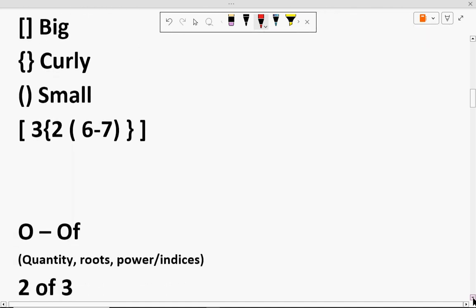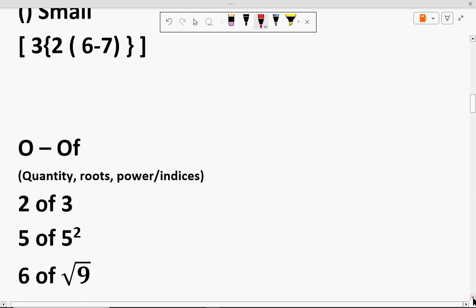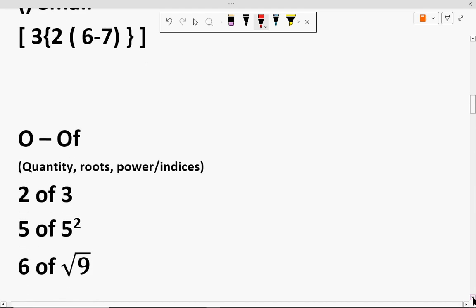In the same way we represent quantity, roots, and power or indices operations. This is written as 2 of 3, 5 of 5 square, 6 of 9 square root, etc.